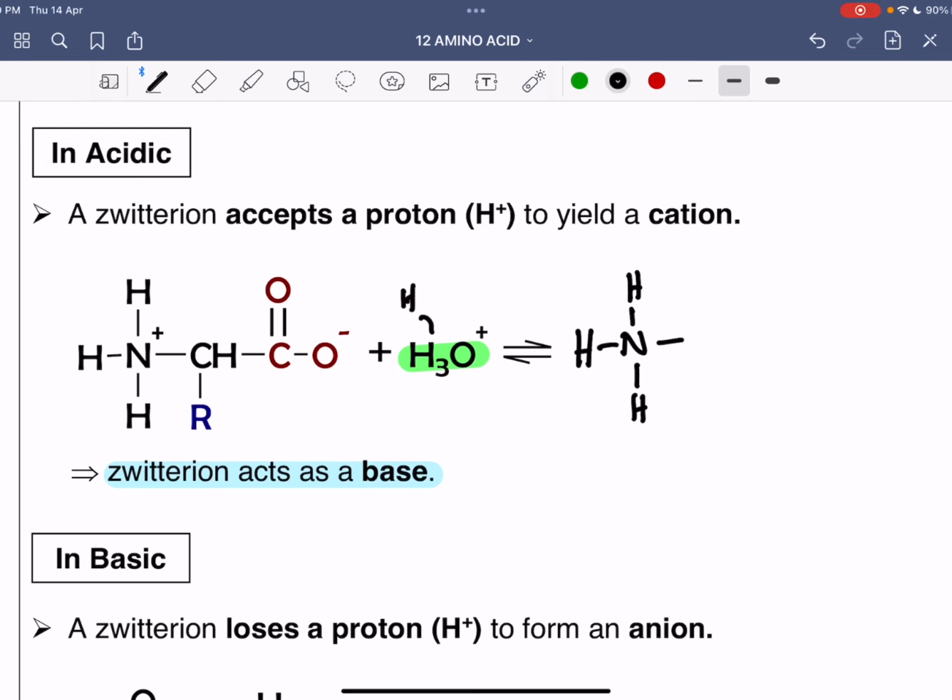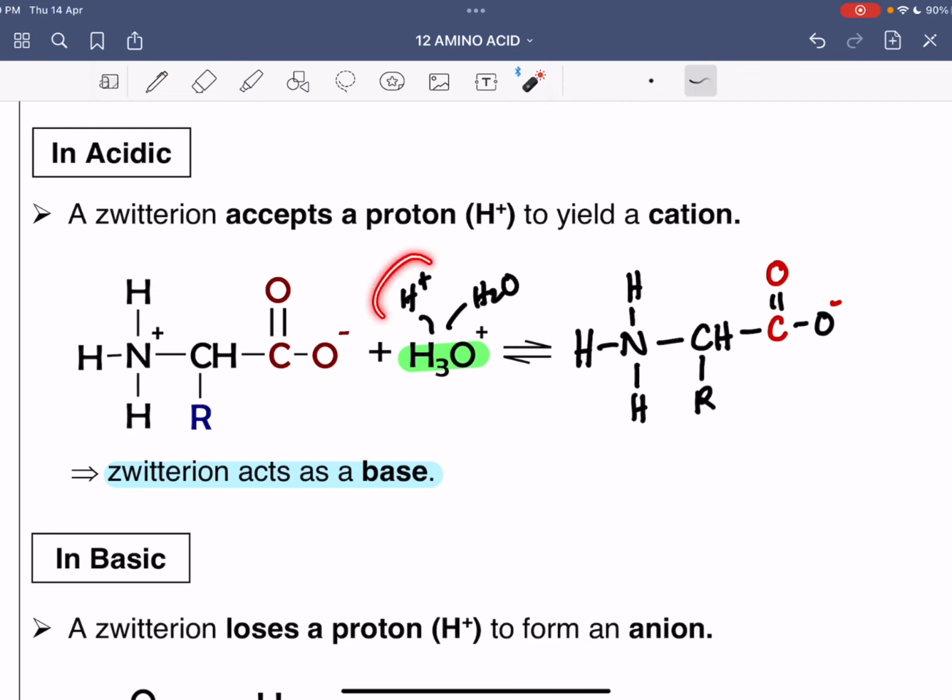We have H plus and H2O. The C double bond O has a negative charge, and now H plus is produced.